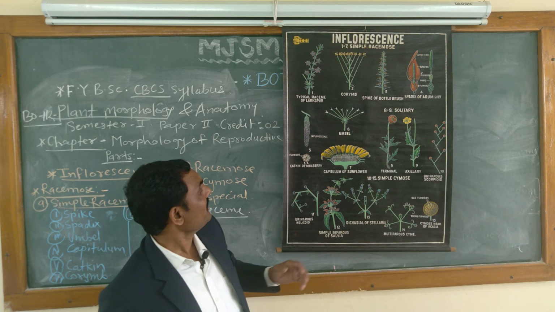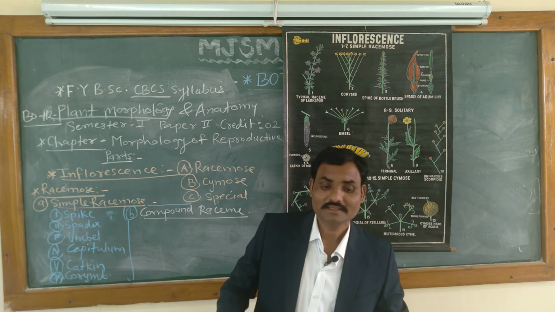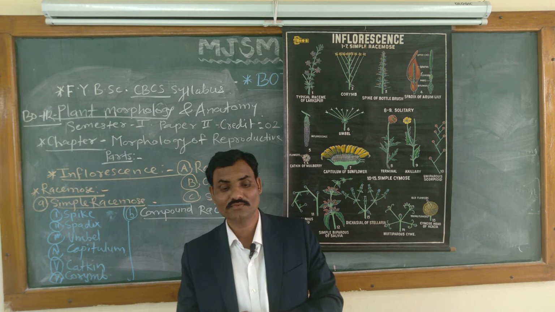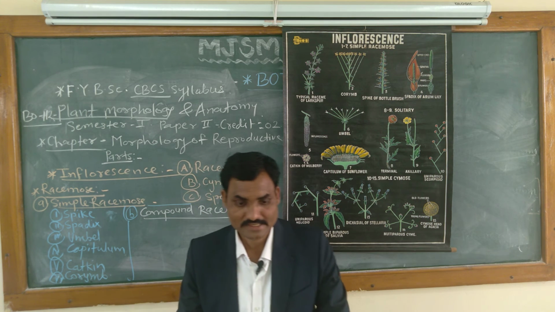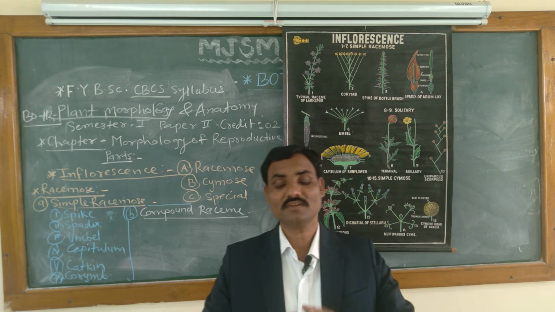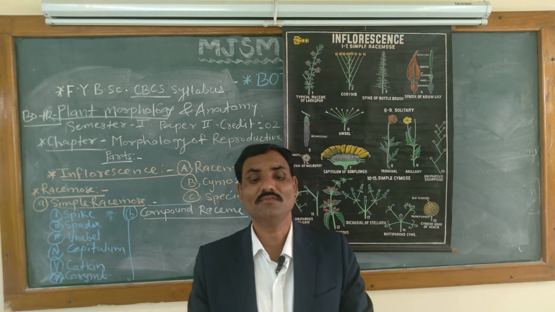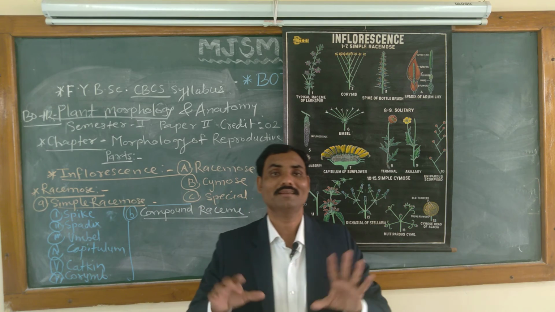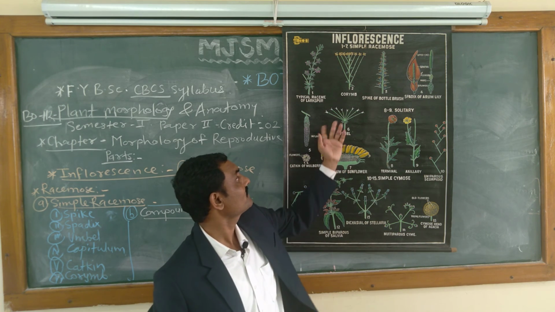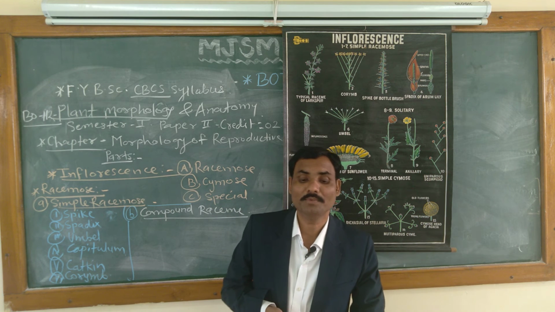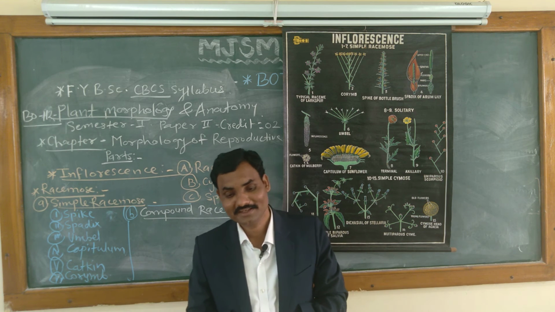In compound umbel, the primary axis is shortened and it produces branches from the top. Each branch produces a cluster of small pedicellate flowers. That cluster of flowers is called an umbel, and the order of opening of flowers is centripetal.